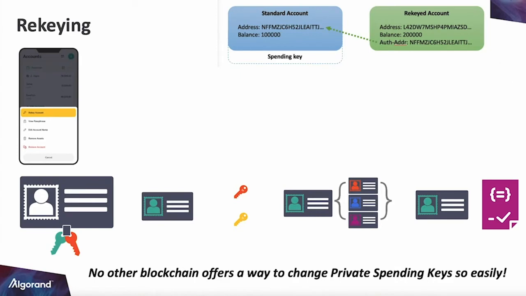That brings us to rekeying, another great new feature on the Algorand blockchain. You can see it there highlighted in yellow on the left in the Algorand wallet. But what this facilitates, basically, is the public versus private key scenario where, to date, these have been tied strongly together.